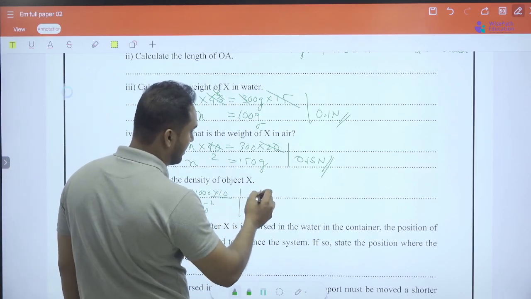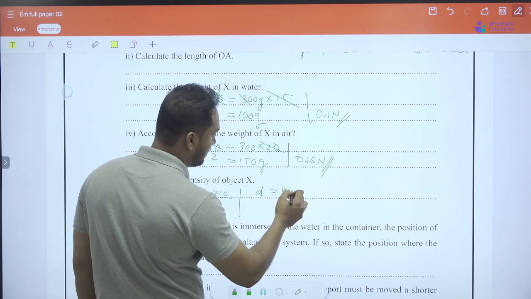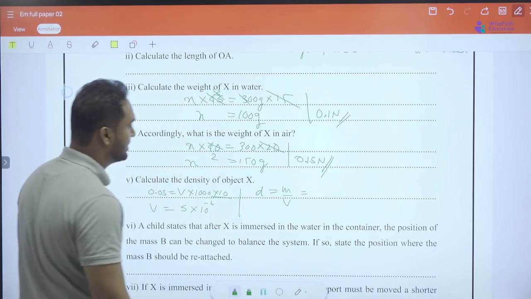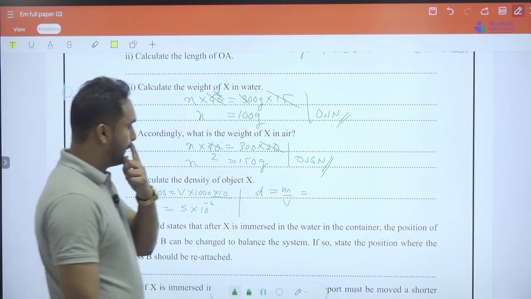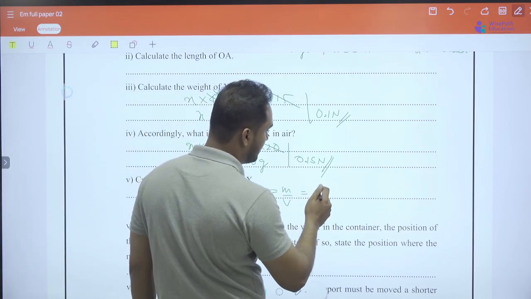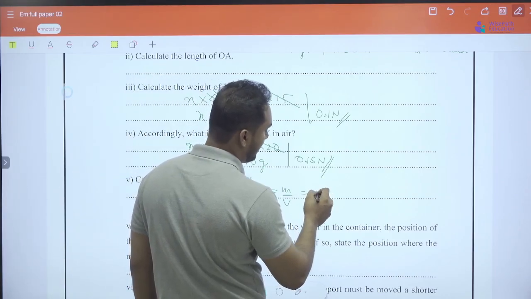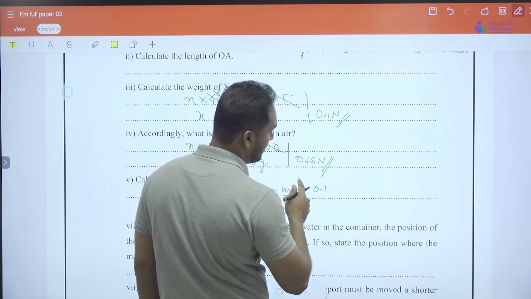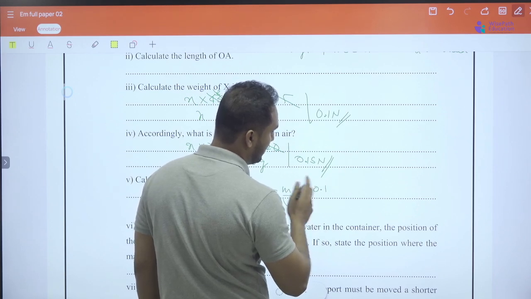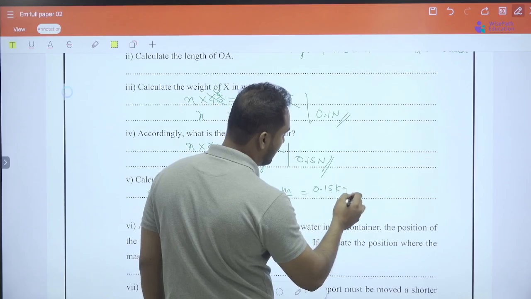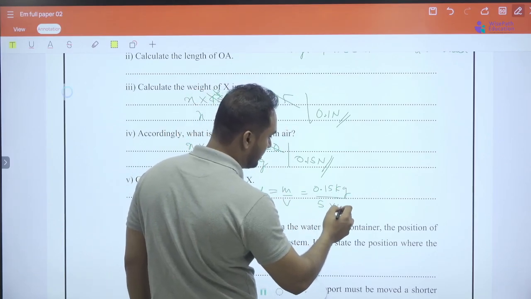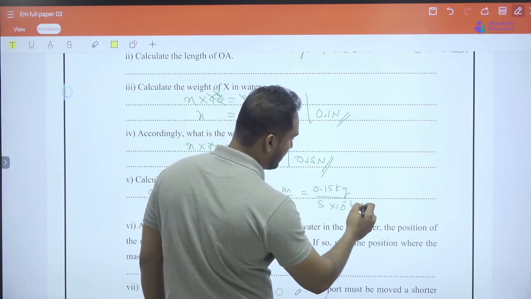And you have the weights. D equals M over V. You know the mass, 150 grams, so divided by 1000, that is 0.15 kilograms. Divide by the volume in cubic meters.